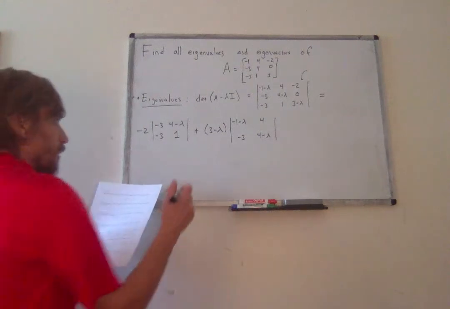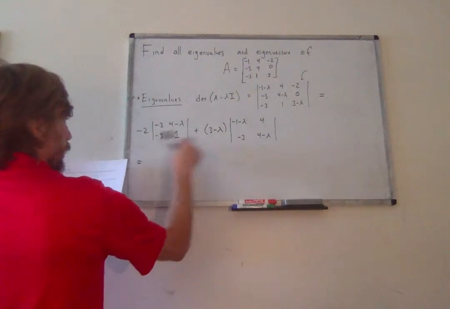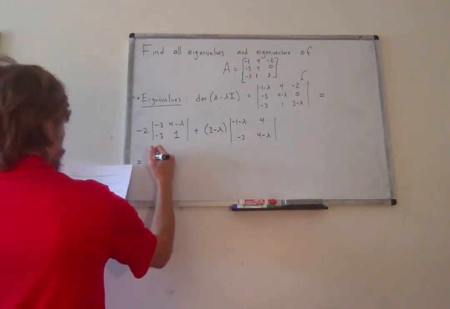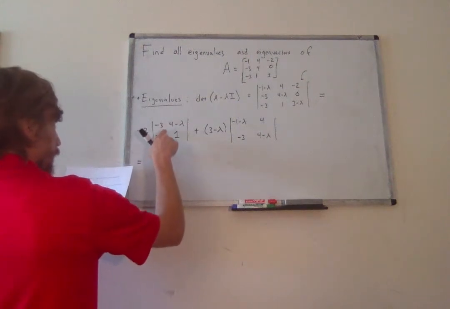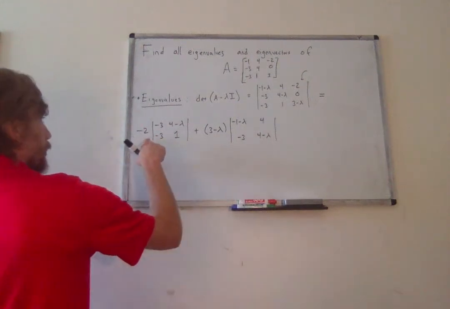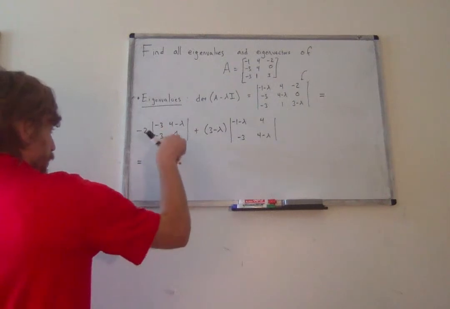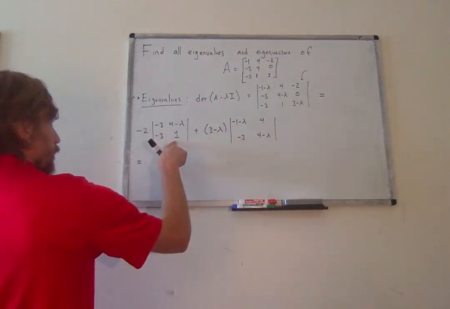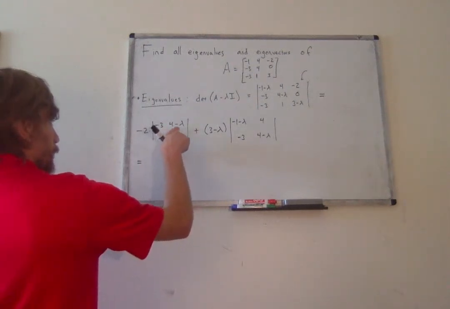And then I'm going to now calculate each of these. And so if you do this, this is the determinant of -2, or the determinant of this is equal to -4 plus lambda minus 12.